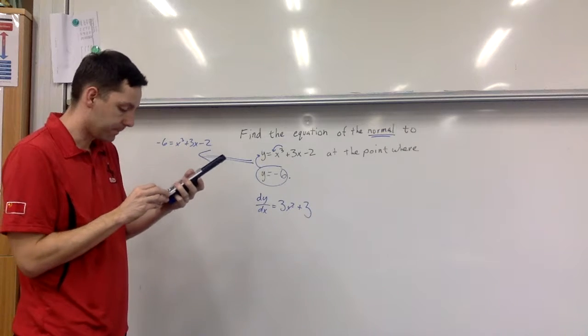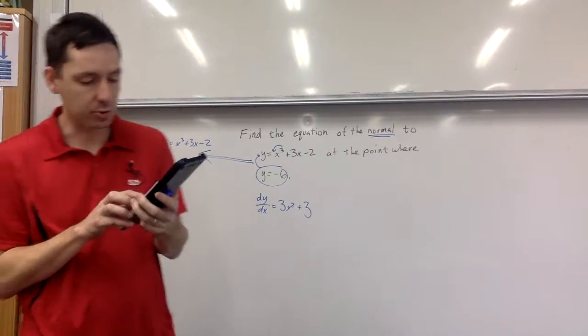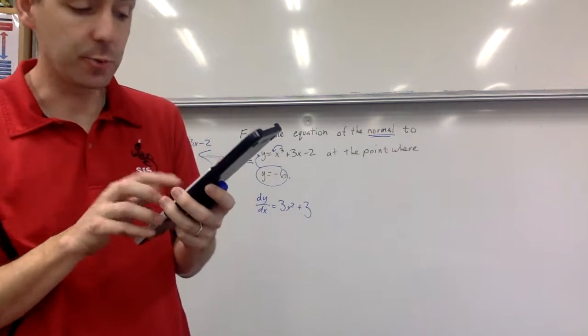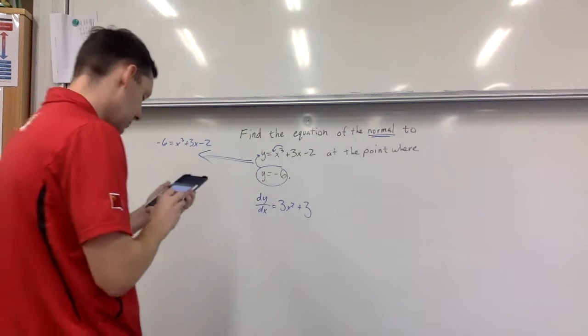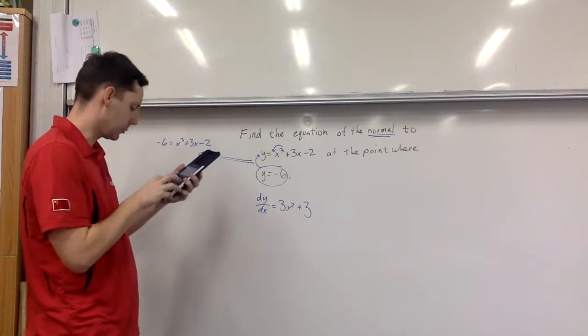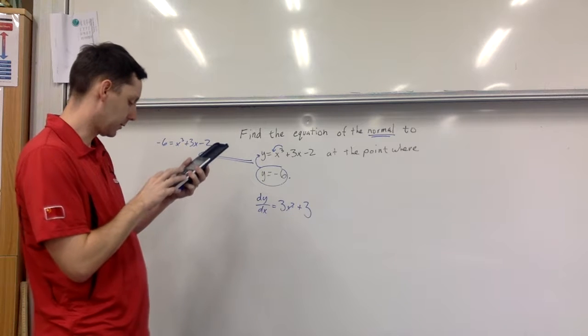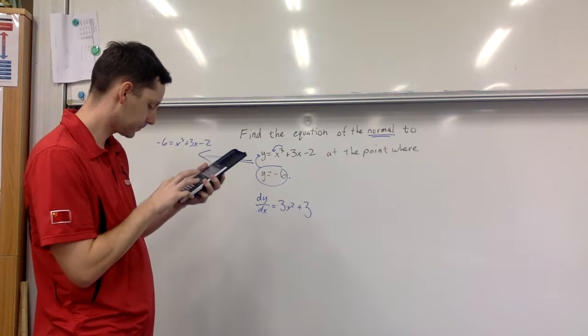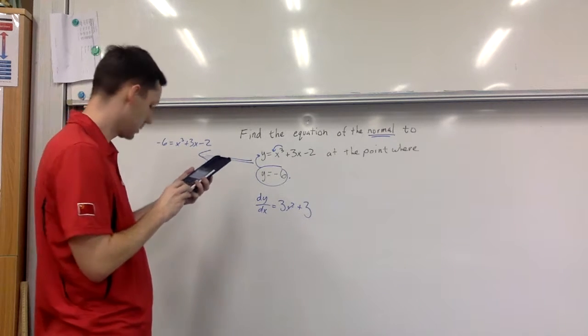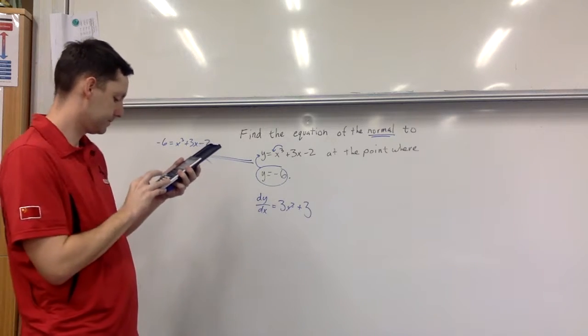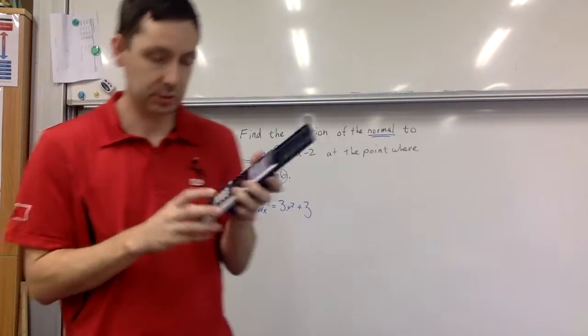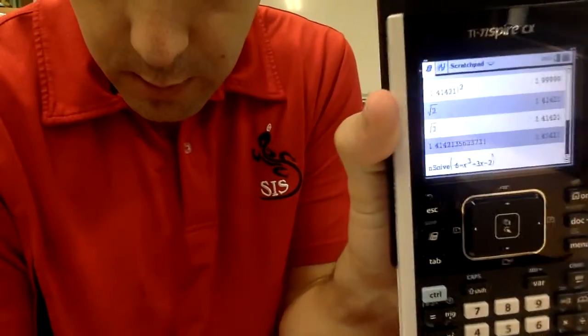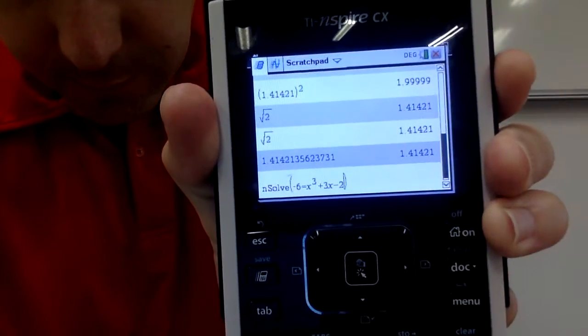We're going to go menu, we'll go down to algebra, and we'll do the numerical solve, and we'll type in the equation. -6 equals x to the 3rd power plus 3x minus 2. Just like that, right there.